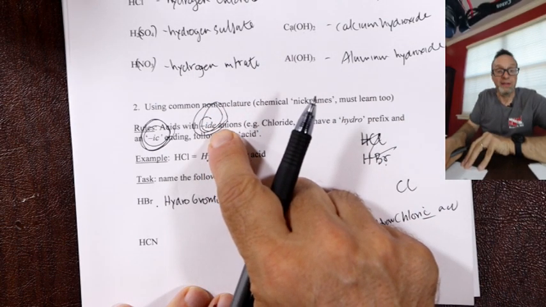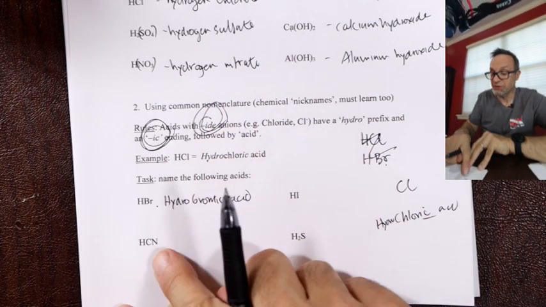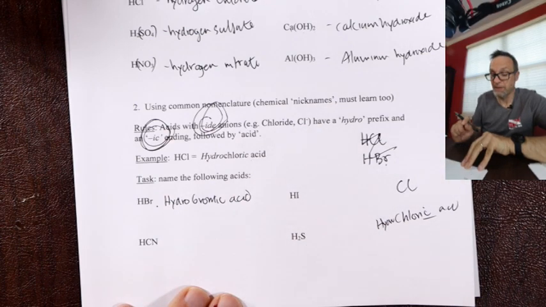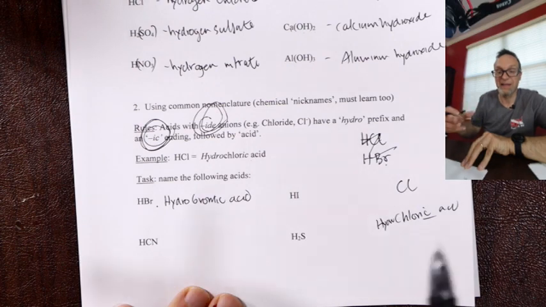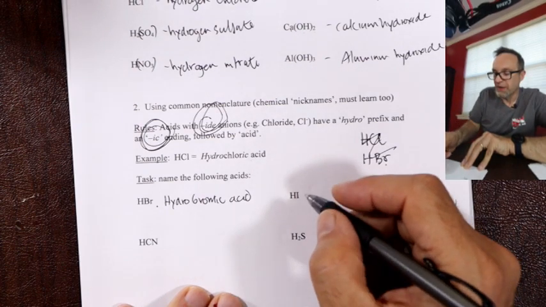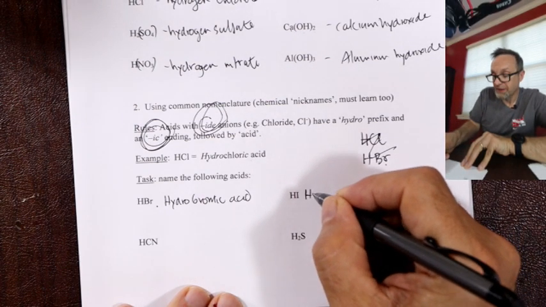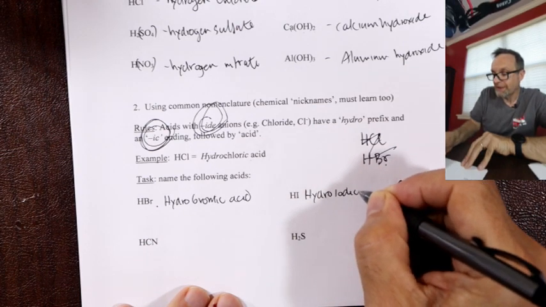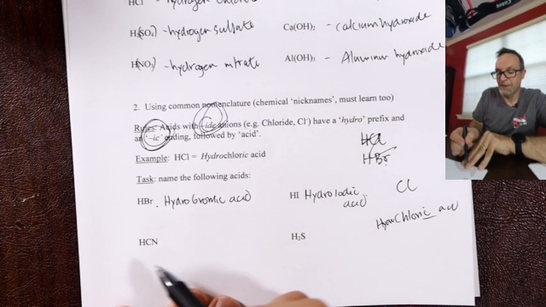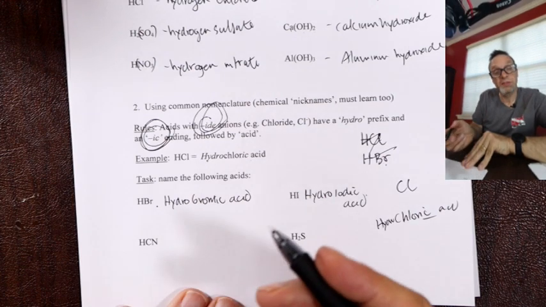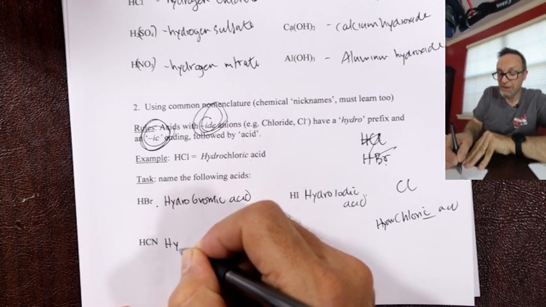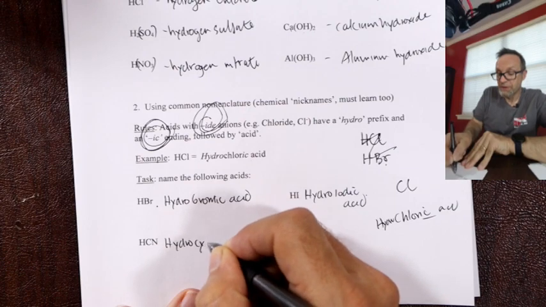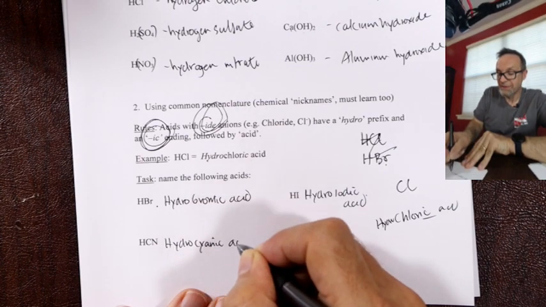Now this only works for ions that have an "ide" ending. So chloride, bromide, also cyanide, also sulfide, right? Okay, so as long as it has the "ide" ending, it's hydro-ic acid. This one, iodide, iodic, hydroiodic acid. This one, weird, cyanide, cyanic, hydrocyanic acid.